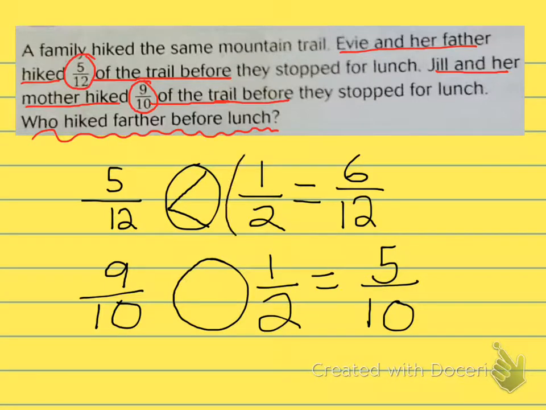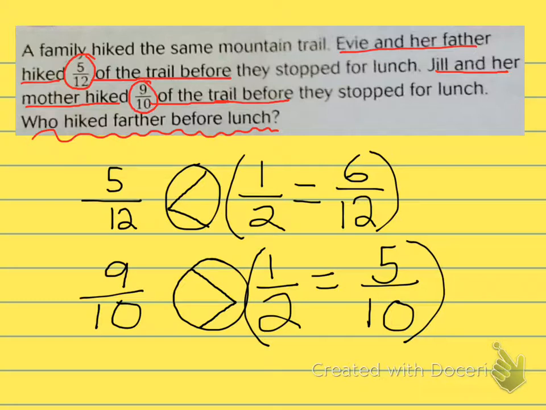I should put these in parentheses so we're not getting confused here. So if 1/2 is equal to 5/10 and I compared 9/10 to 5/10, obviously 9/10 is greater than 5/10, so 9/10 is greater than half.